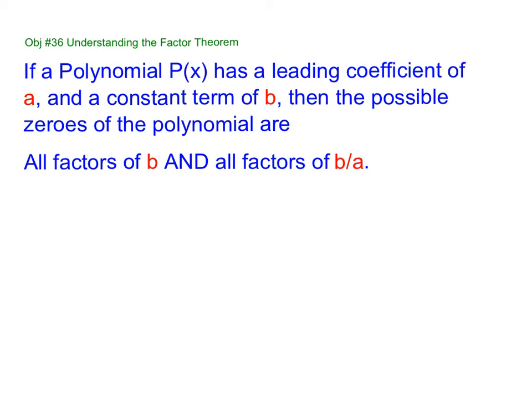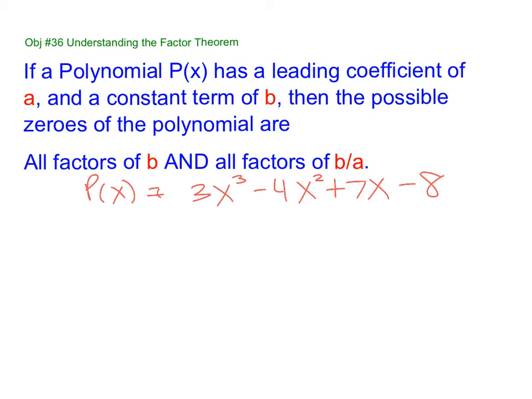Okay. If a polynomial p of x has a leading coefficient of a and a constant term b, then the possible zeros of the polynomial are all factors of b and all factors of b over a. So I mentioned this in the meet the other day. So for example, let's say we had p of x equals 3x cubed minus 4x squared plus 7x minus 8. All right.